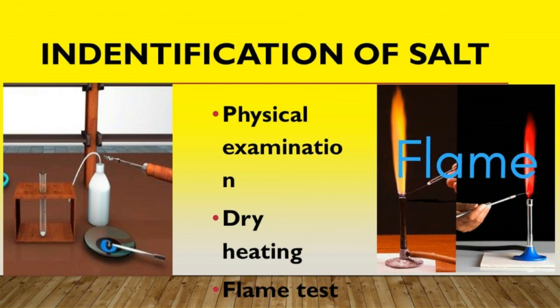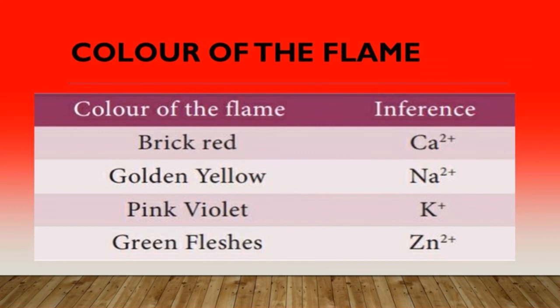Third one, flame test. Certain salts react with HCl, that is hydrochloric acid, to form their chlorides. The paste of the mixture with concentrated HCl is introduced into the flame with the help of a platinum wire. Let us see the colors of the flame and the inference.